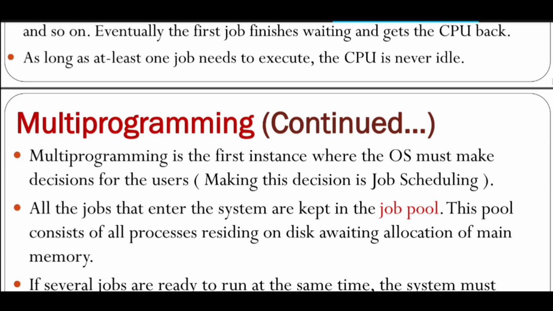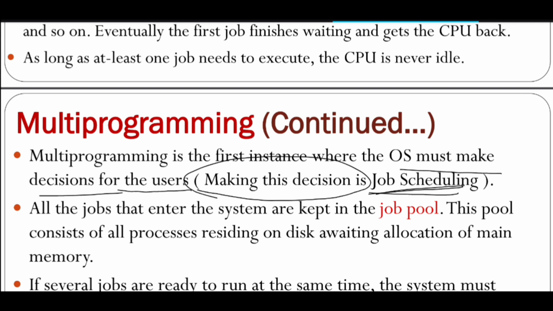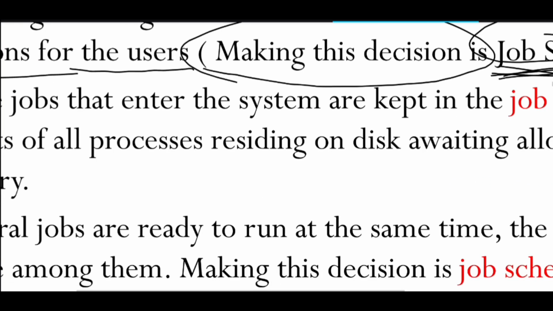Then multi-programming is the first instance where the OS must make decisions for the user. What decisions? I just told you that CPU scheduling and job scheduling are happening here. All the CPU scheduling and process scheduling are introduced here.